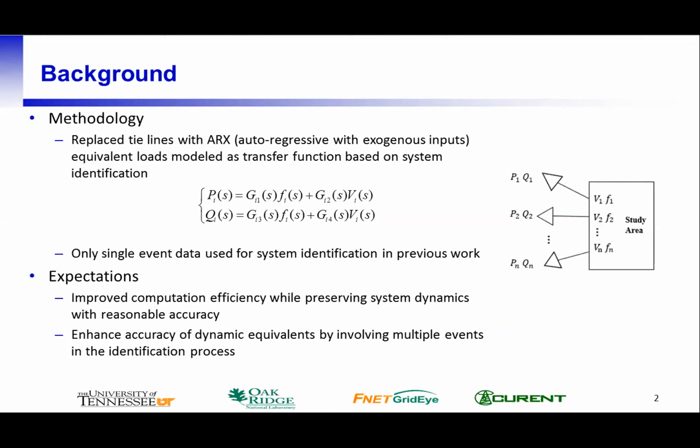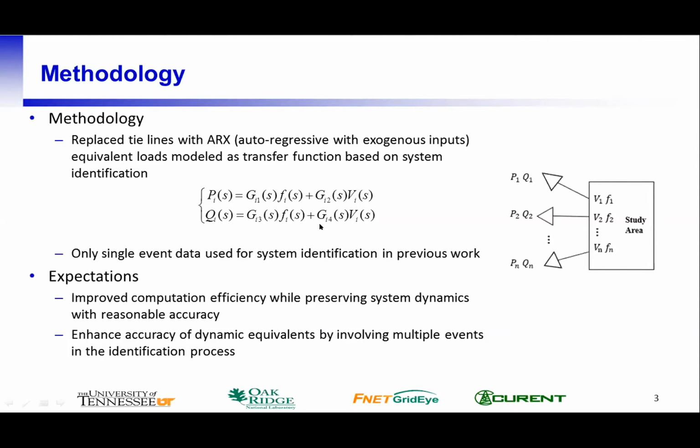The basic idea of this reduction method is to replace the tie-lines with dynamic load models. The power consumed by these load models is estimated using the PMU measurements on the boundaries. This mapping is described by a transfer function, assuming linearity on the boundaries.